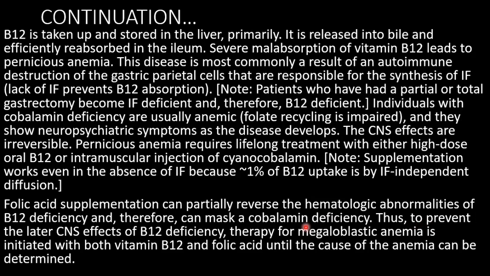So as to prevent the later central nervous system effects of B12 deficiency, in the therapy for megaloblastic anemia, both B12 and folic acid are used, okay, until the cause of anemia can be determined. So if one has an anemia and you don't know if it is a megaloblastic anemia, it can be due to either B12 deficiency or B9 deficiency, folic acid deficiency. So at first you don't know which is which.